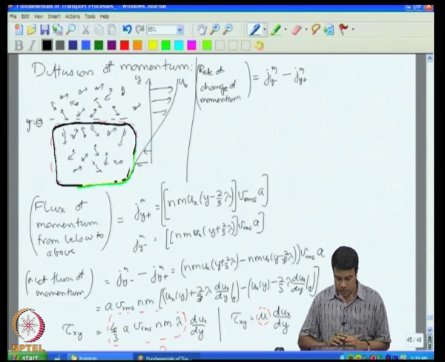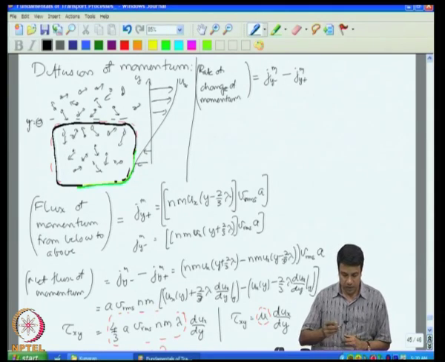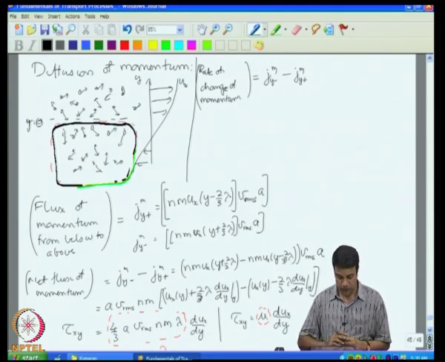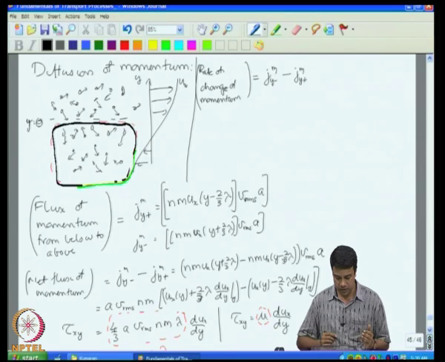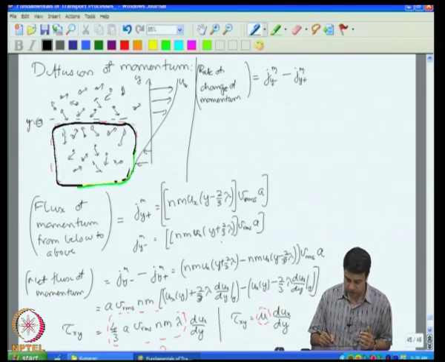Molecules that are coming downwards from above, on average, they are coming from a location above the surface. Therefore, on average, molecules that are coming downwards are coming from a location that is 2/3 of a mean free path above the surface.